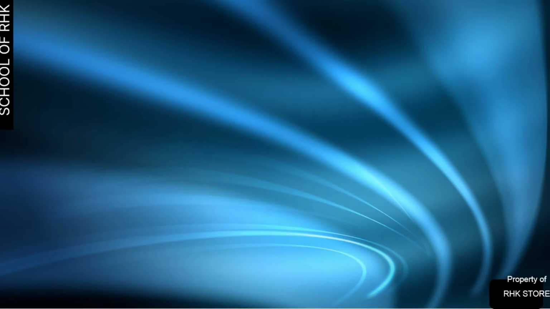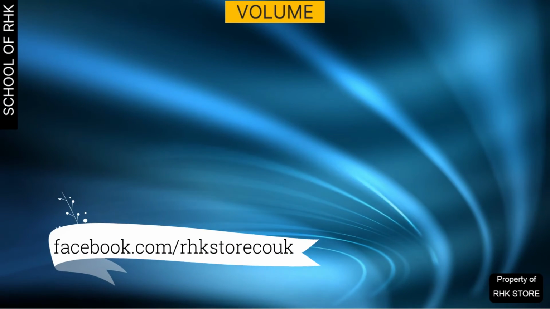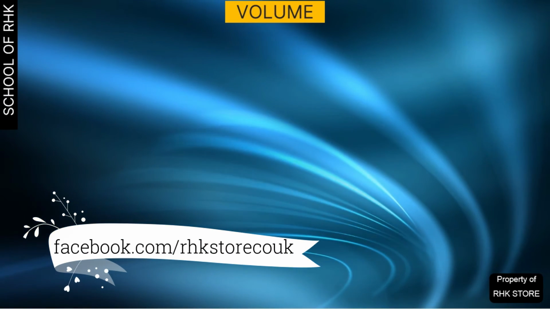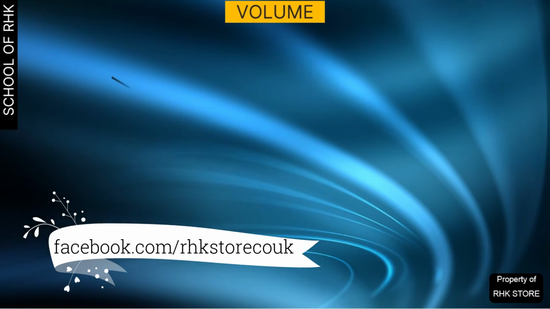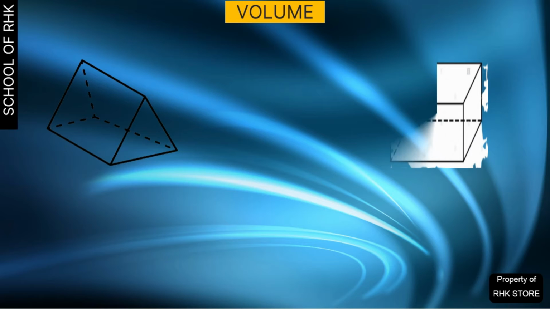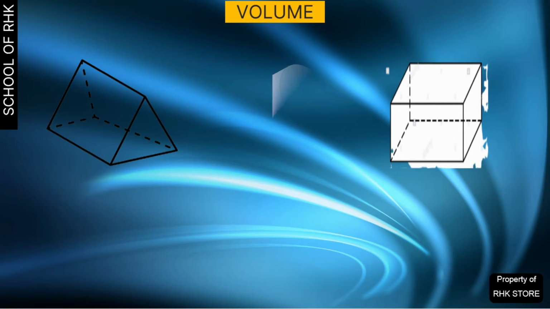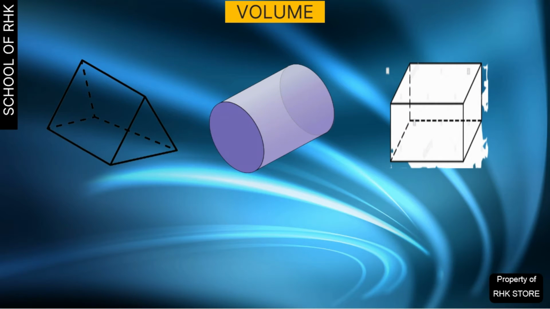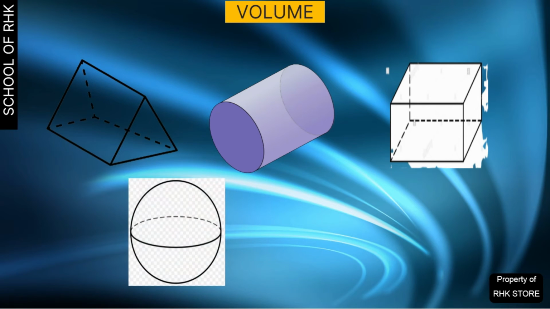We will learn here to calculate the volume of three widely used objects known as the triangular prism, rectangular prism, and the cylinder. Also, we will see the formula to measure the volume of a sphere and a cone.